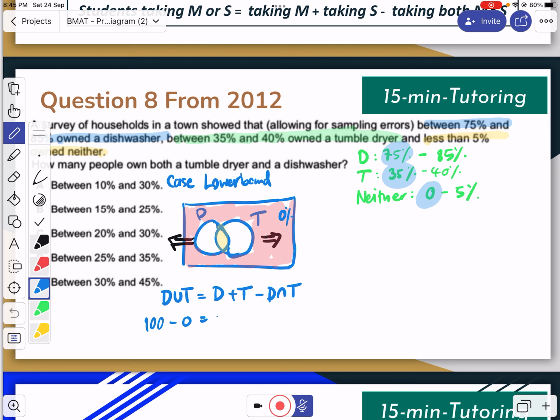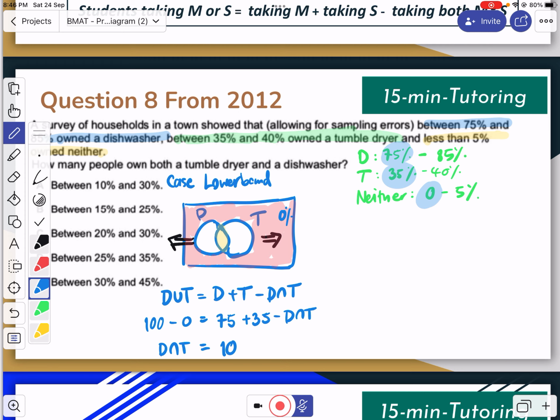For D, we use 75%. For T, we use 35. Formulate a formula, and we can solve for D intersect T. And that will be 10 people.